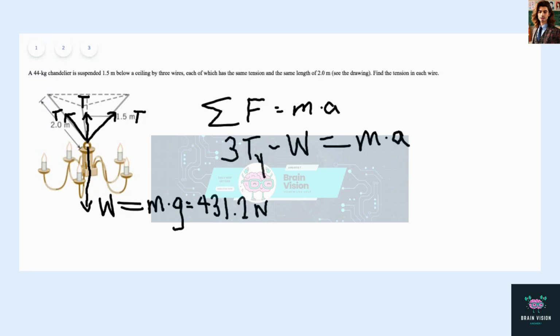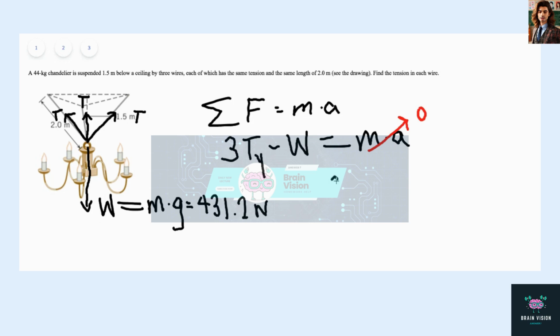A couple of simplifications that we can make right away are on the right-hand side of the equation. We know the mass of the chandelier is 44, and we can also identify, though not explicitly stated, that the chandelier's acceleration is 0. It's at rest and remaining at rest. So the entire right-hand side of this equation turns into 0. This allows us to relate the tension in the wire to the weight of the chandelier.